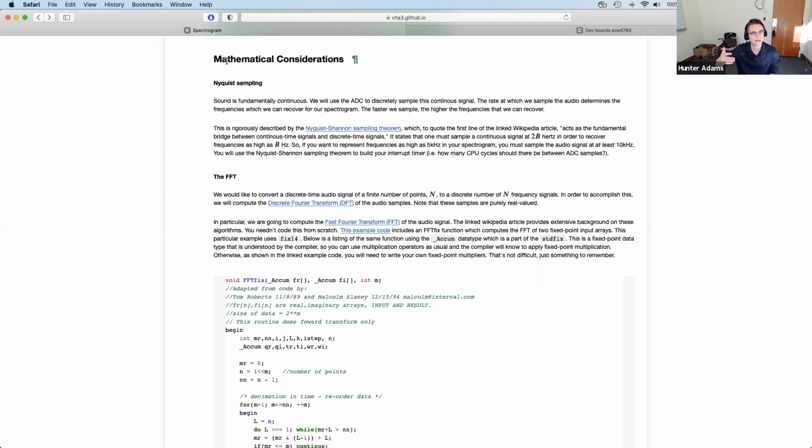So in order to get that timing, we're going to set up a timer and a timer interrupt, and we're going to get our analog to digital converter samples within that timer interrupt. The question is, how frequently does that timer interrupt need to fire for the range of sounds you're interested in representing on your spectrogram? The answer is it needs to fire twice as fast as the highest frequency that you want to recover.